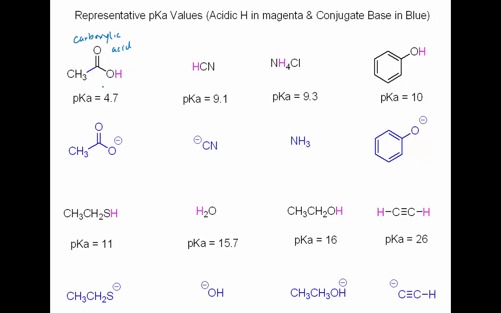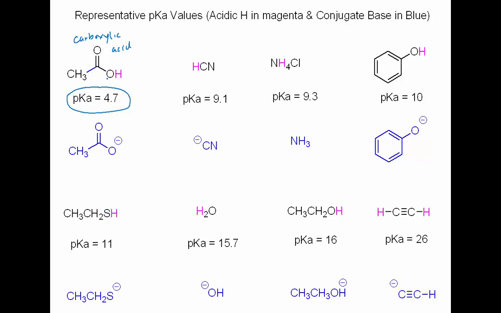It's still a weak acid because its pKa is only 4.7, but it's among the strongest acids that we see in organic chemistry. So occasionally you'll hear me and other organic chemists call a carboxylic acid a strong acid, even though technically it's a weak acid according to the Arrhenius definition.